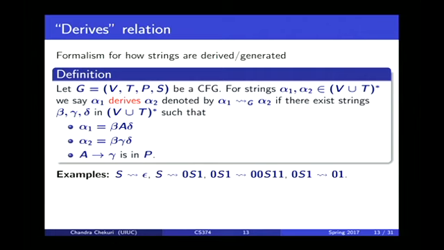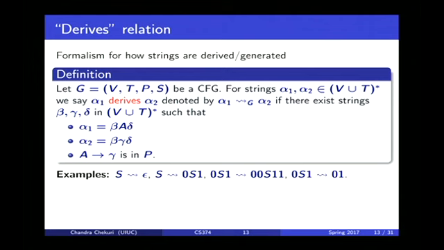Let's first understand the example. Why does S derive epsilon? Well, because that's a rule in our grammar. Remember, this is the grammar which is generating 0^k 1^k. We have to have a grammar in mind. So why does S derive 0S1? Because this is a simple rule. But I'm saying this applies to bigger strings too.